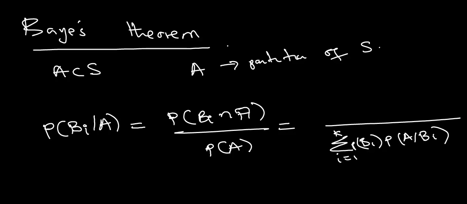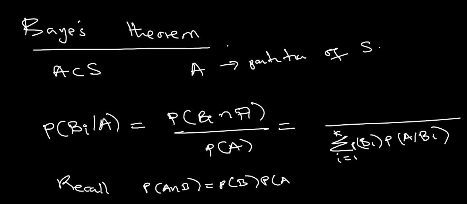Then the top part we are saying this. Remember, we talked about this theorem, remember? So again, recall we said probability of A intersection B is the same as probability of what? Probability of B times the probability of A given B, right?